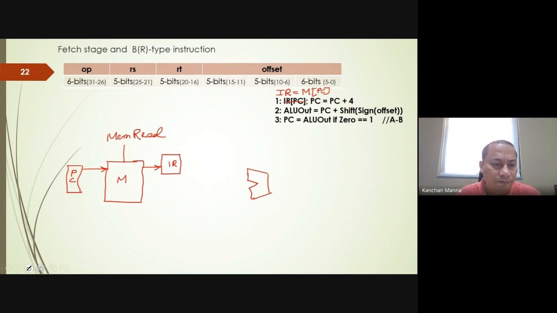So this is one input of the ALU, and this is the other. This one will provide 4, and this will provide PC.